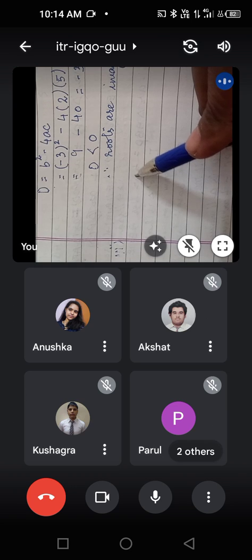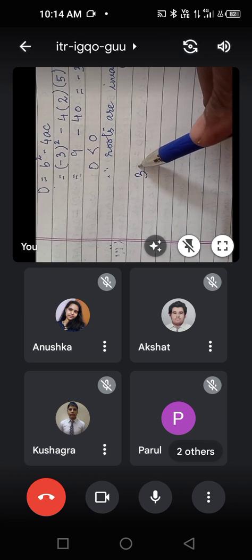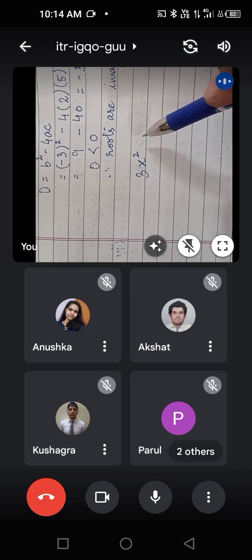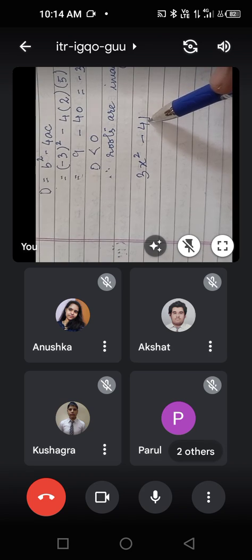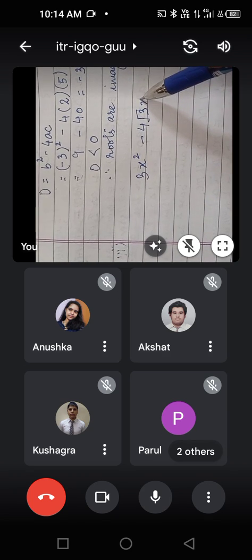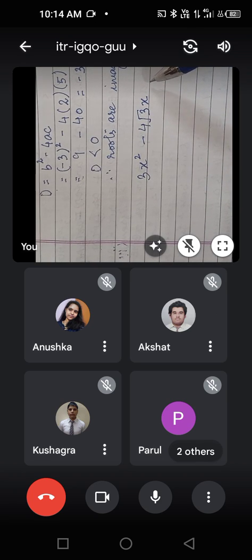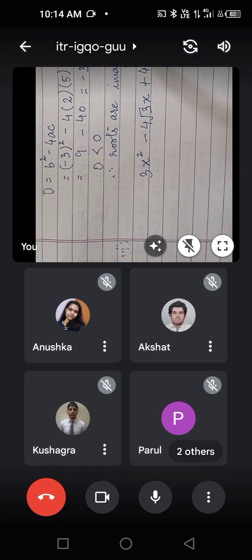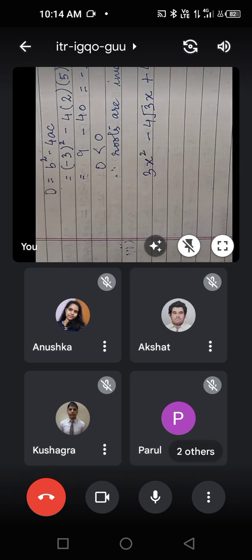The question is 3x square minus 4 root 3x plus 4 is equal to 0. Let's find the discriminant here.